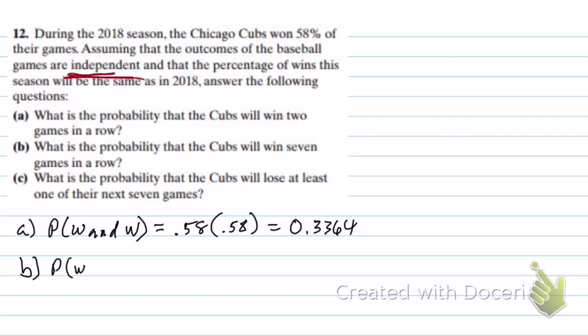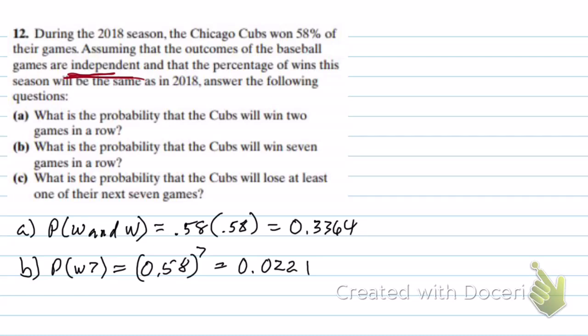So that means what? Win and win and win 7 times. That's going to be 58% to the 7th power, which is 0.0221. Right. Only about 2% of the time are they going to win 7 games in a row.